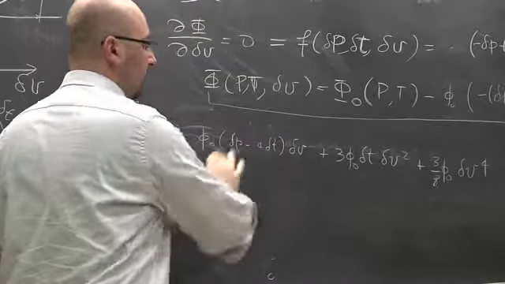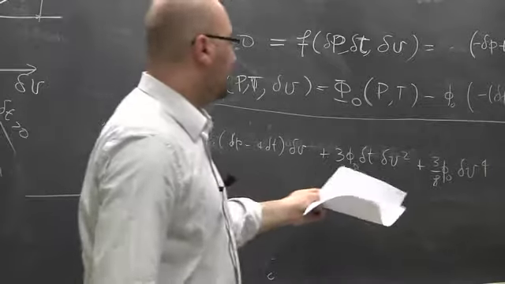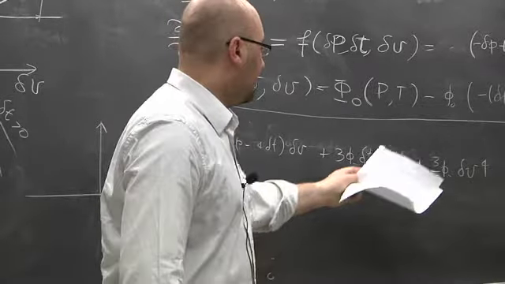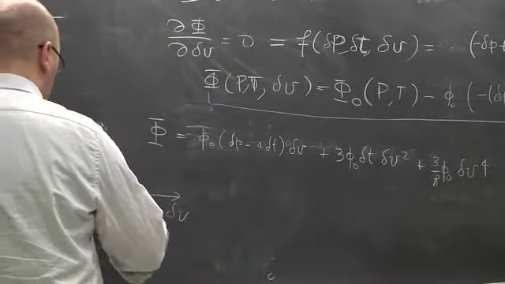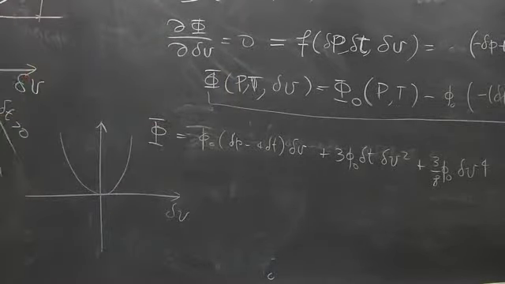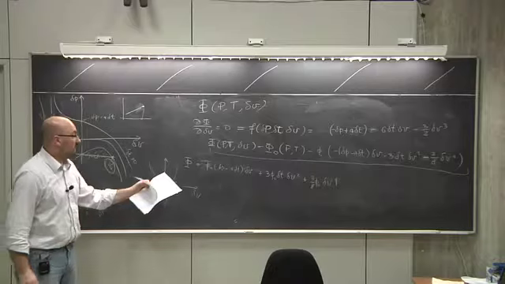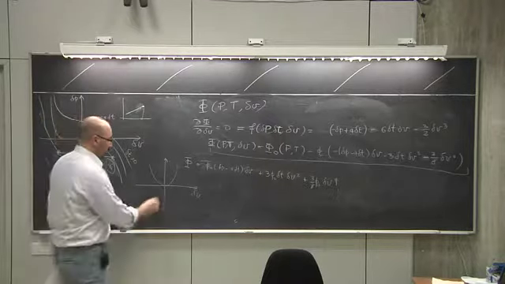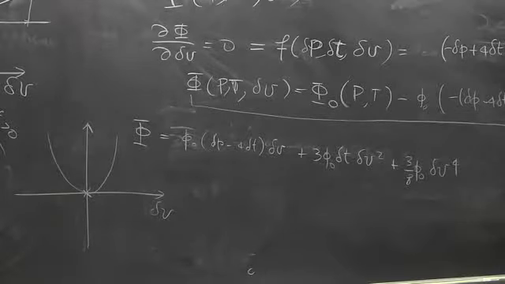Let's put delta P equal to 4 delta T. If delta T is positive, then this function looks like a parabola in the origin, like this. And we say that we have to minimize this function. And the minimum of this function is at delta V equal to 0.